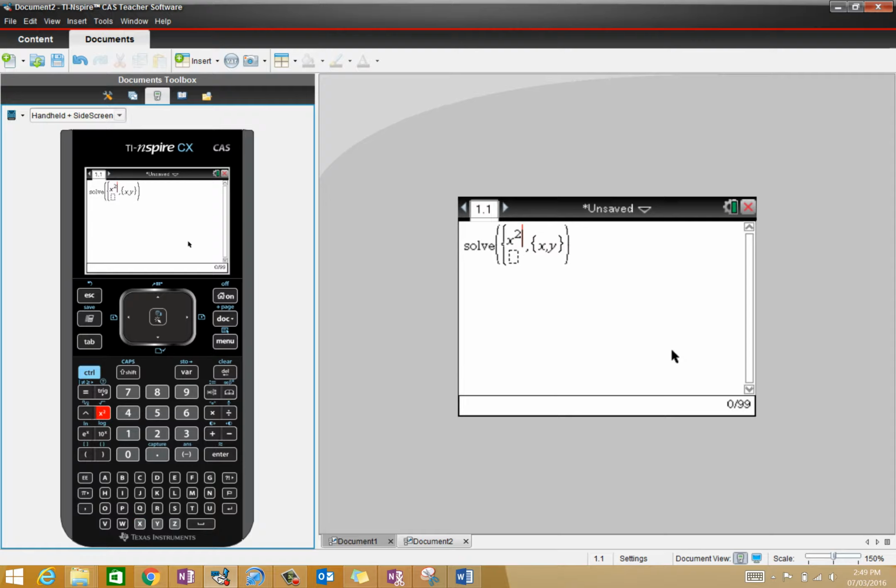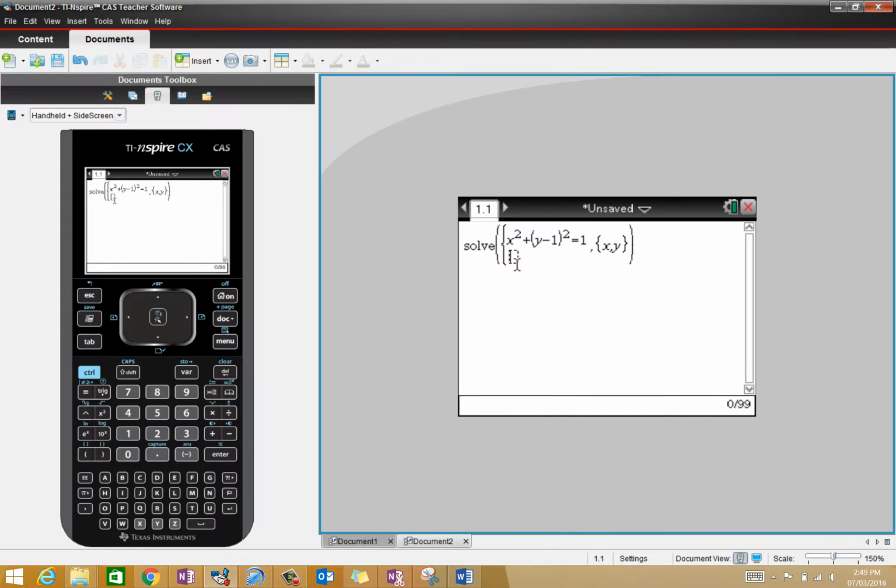So we've got x squared plus, what was it, (y minus 1) all squared, and that is equaling 1.